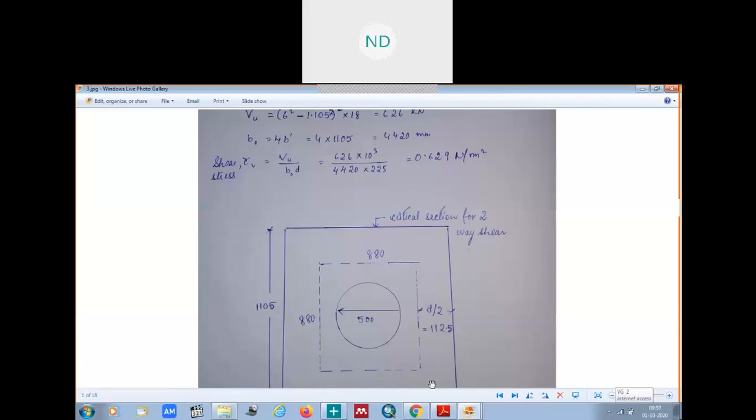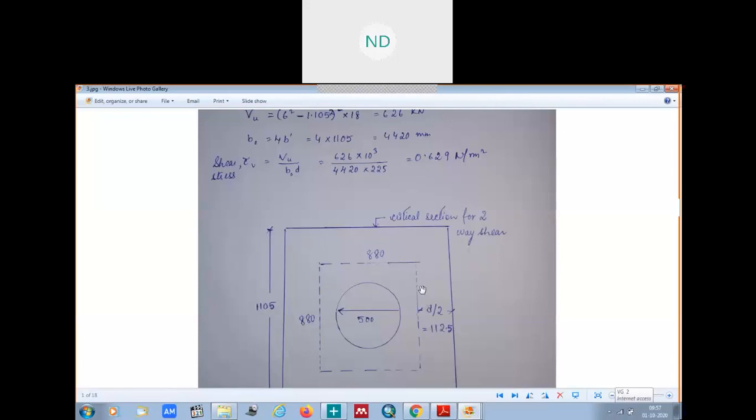This is our critical section, which is at a distance d by 2. This was your column head, this distance 880 mm. We had calculated in our question that the square size of the column head was 880.